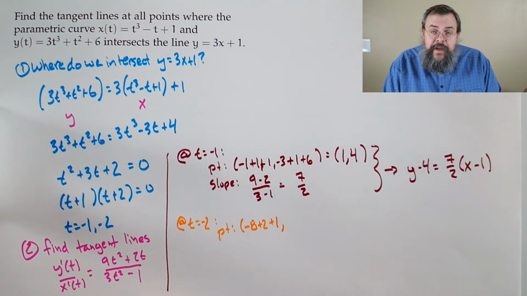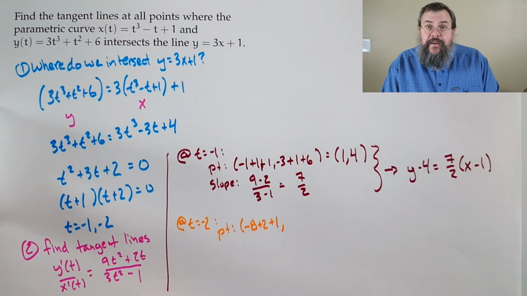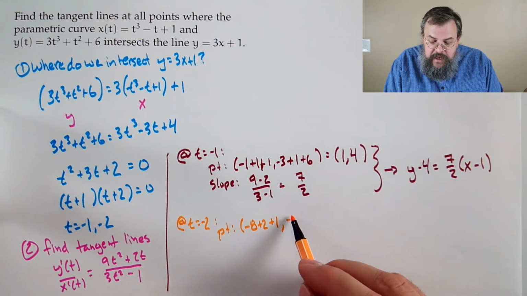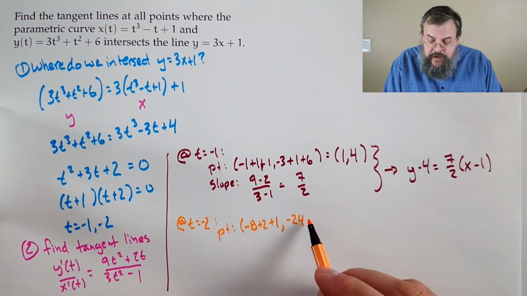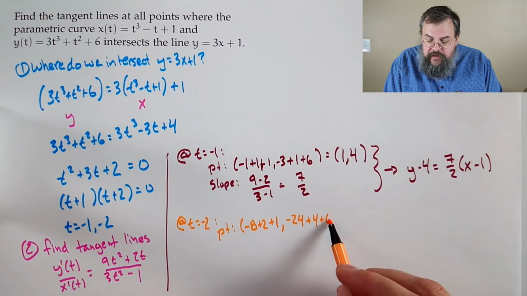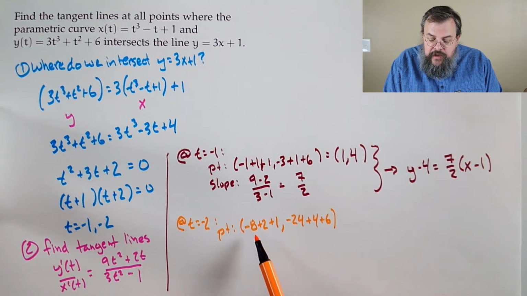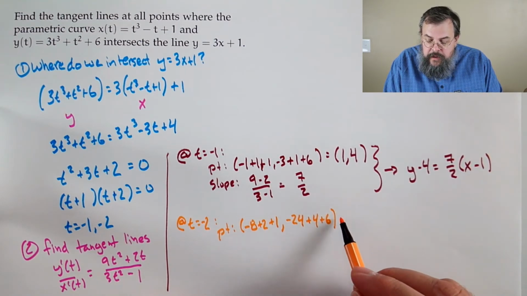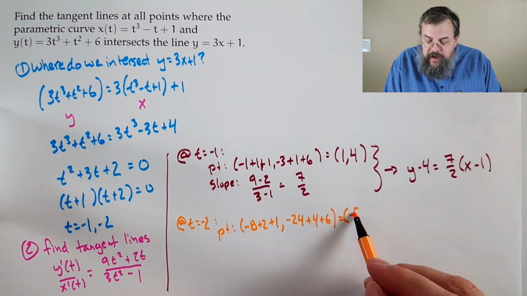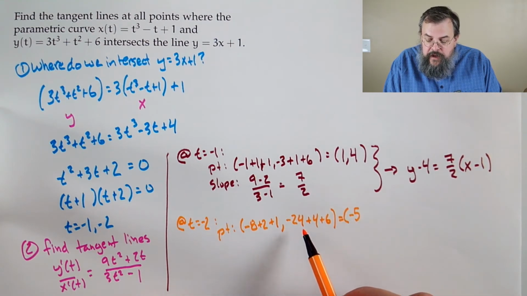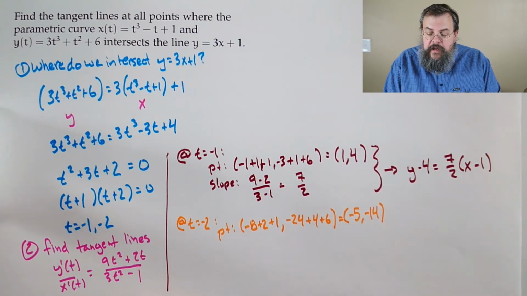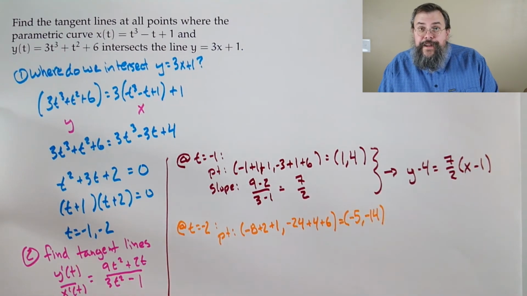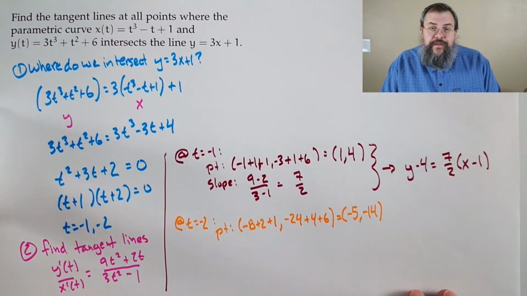Ooh, that's a big one. -2 cubed is -8, times 3 is -24. -2 squared is 4, so we're going to add 4 and add 6 more. So -8 plus 2 plus 1 would get us up to -5. -24 plus 4 plus 6 would be -14. A little bit bigger, but that's okay.